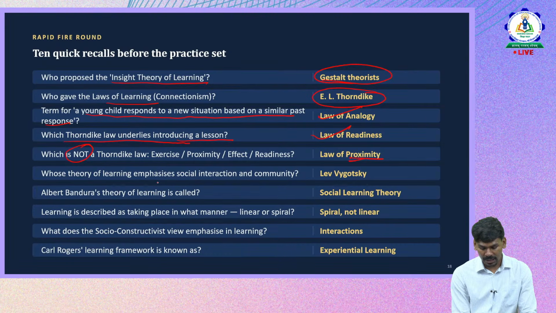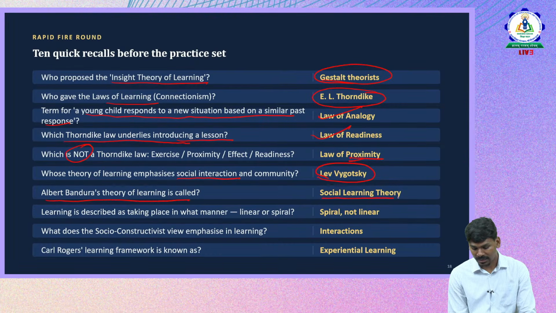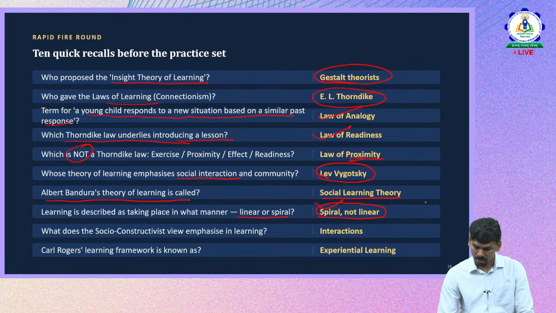Whose theory of learning emphasizes social interaction? If you recall the previous sessions, it's Vygotsky. Albert Bandura's theory of learning is called social learning theory. Then, learning is described as taking place in what manner, linear or spiral? Learning is always spiral, it's not linear. So learning does not happen in this way. Learning happens in this way.